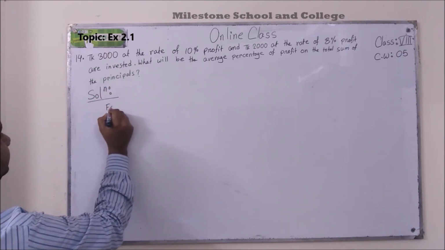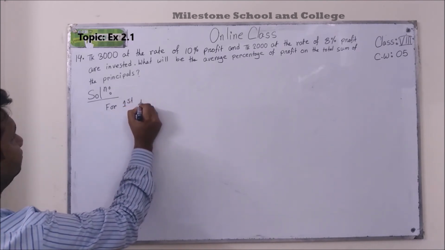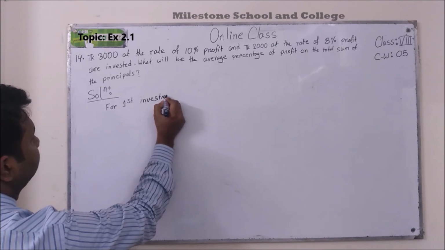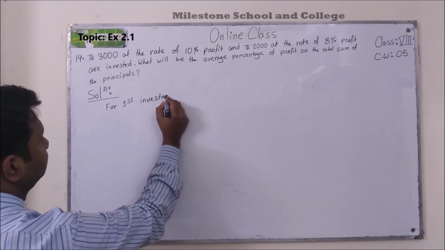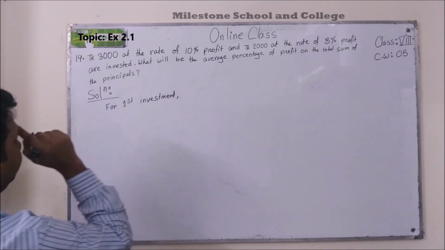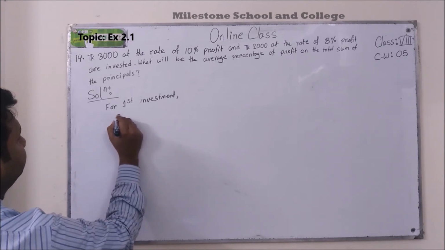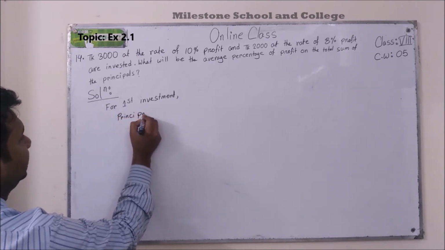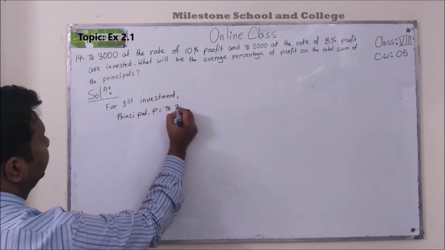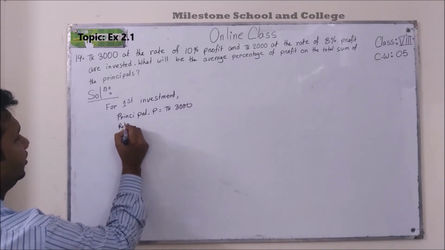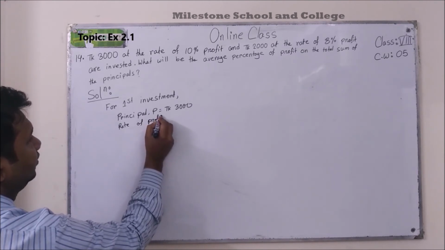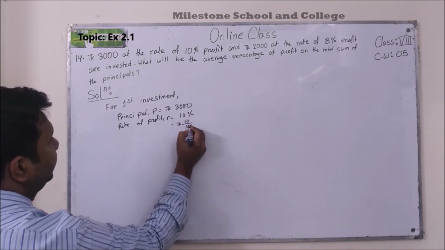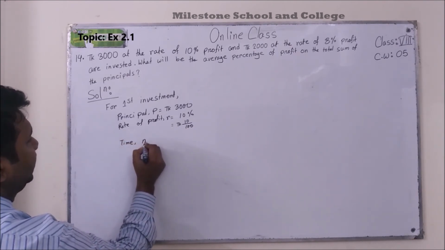For the first investment, principal P equal to taka 3000, rate of profit equal to 10%, that you can write as 10 by 100, time n equal to 1 year.